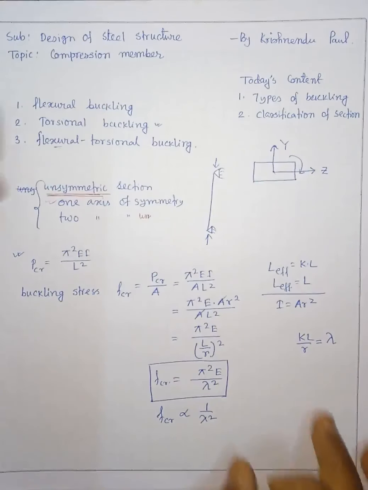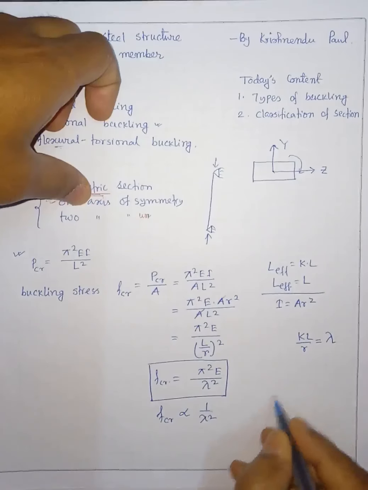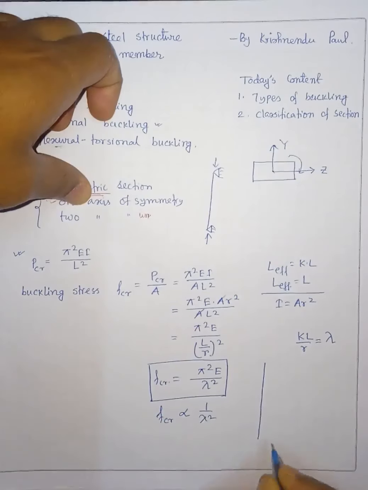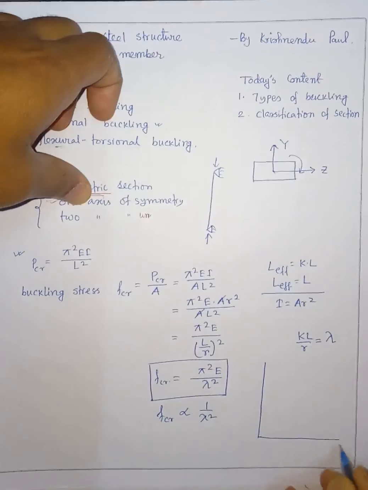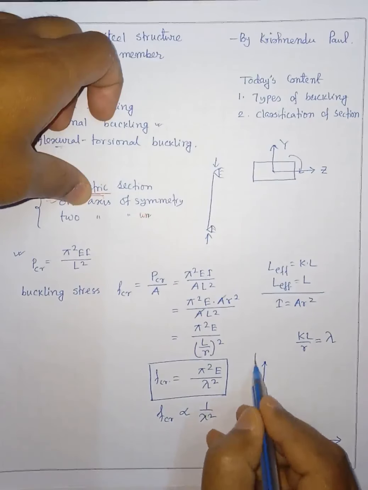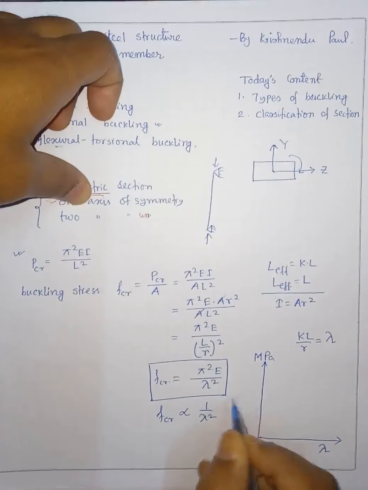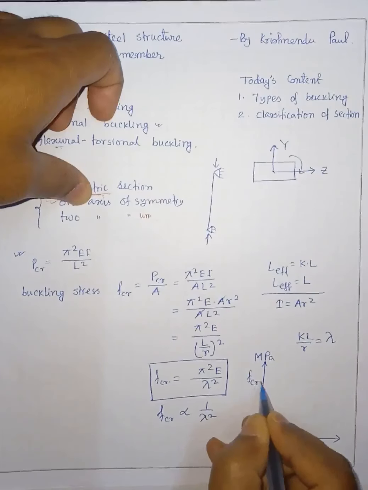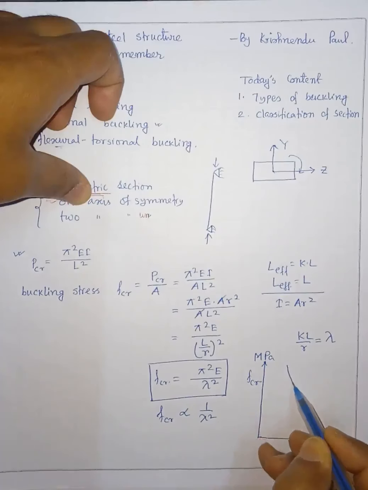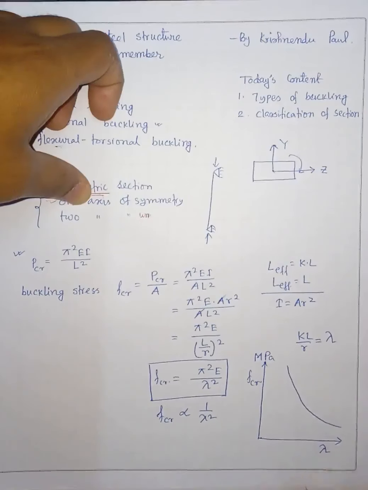It will be a parabolic relation. If I draw it here, on this axis lambda, and on this axis stress in MPa, so stress is FCR. The relation is 1 by lambda square, so obviously it will be a curve like this.